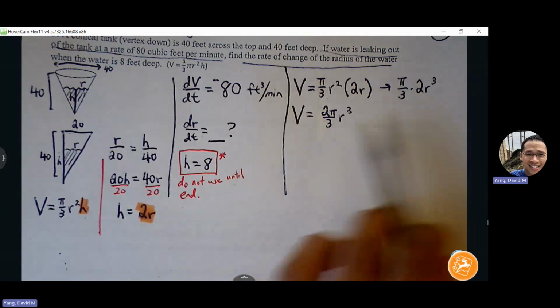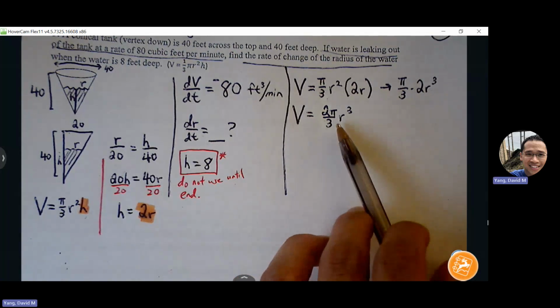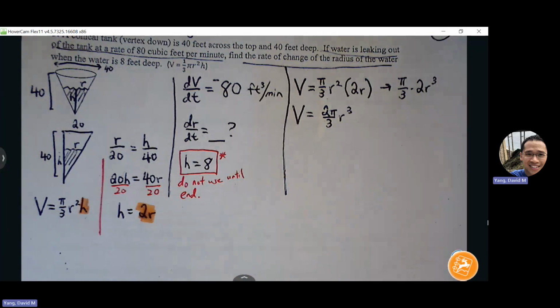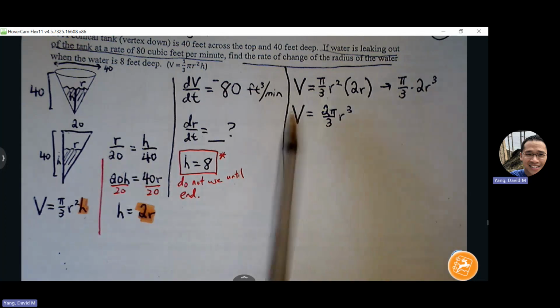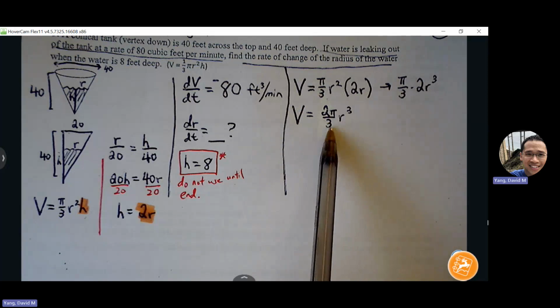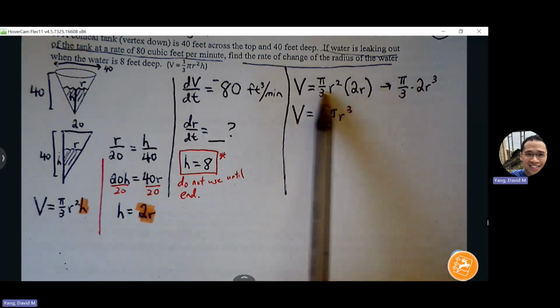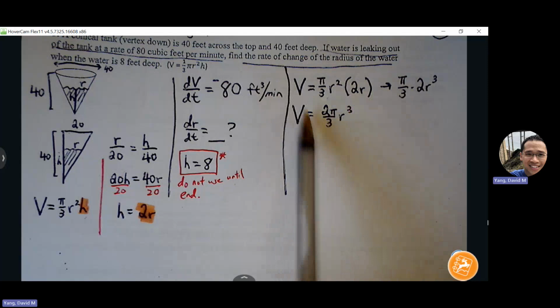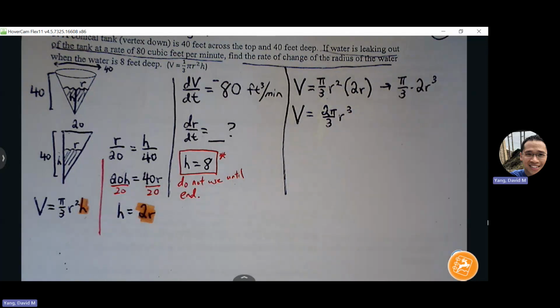You can do 3 to the -1 and put the 3 under the R, but it just doesn't look as clean, and it may hamper what you recognize as the next step. Okay, so now this is where we want to be before we find the derivative. It's a lot cleaner here than here. I prefer to make the calculus step as easy and clean as possible.